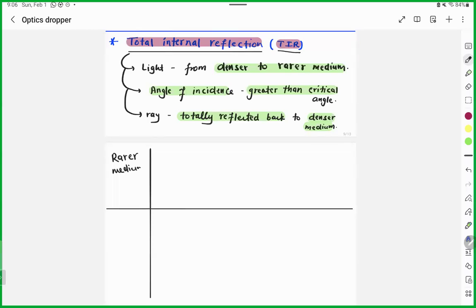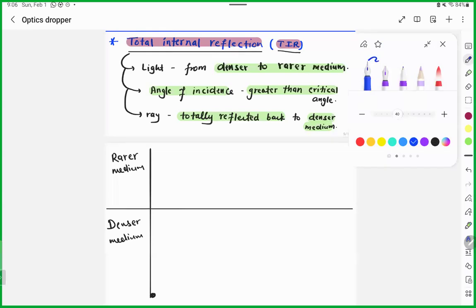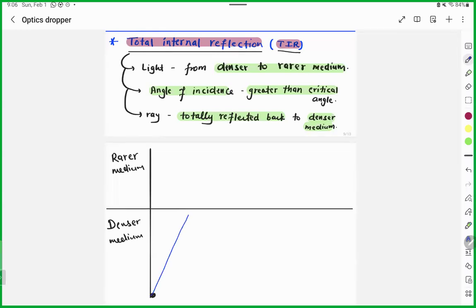Rarer medium, denser medium. We said light moves from denser to rarer. For example, here you have some source. First you have some angle of incidence, then it will bend like this, denser to rarer, away from the normal.